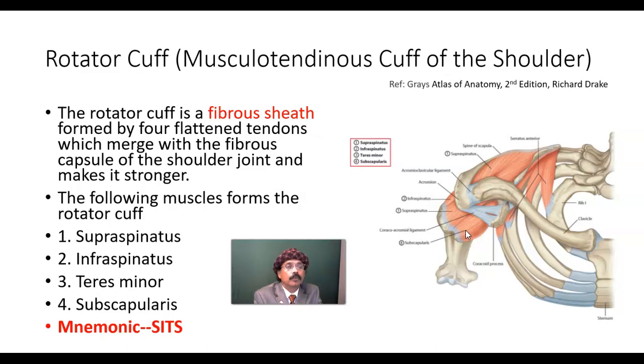Teres minor is not shown here. It is underneath, just below the infraspinatus. So the following muscles form the rotator cuff. We can remember them by the mnemonic SITS: the supraspinatus, infraspinatus, teres minor, and subscapularis.